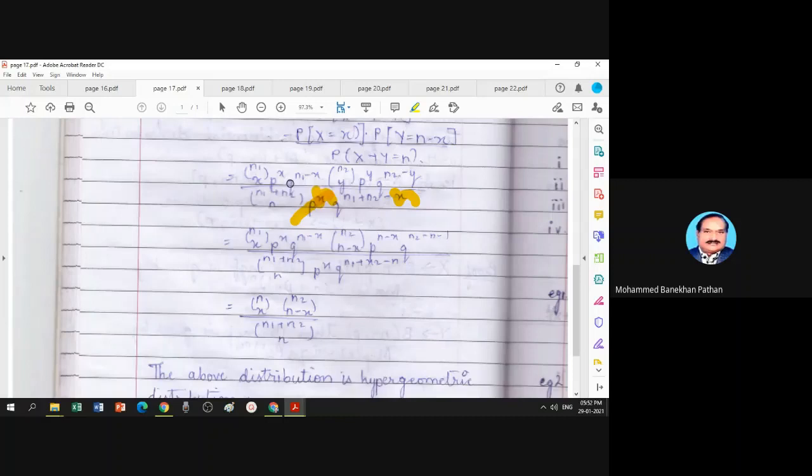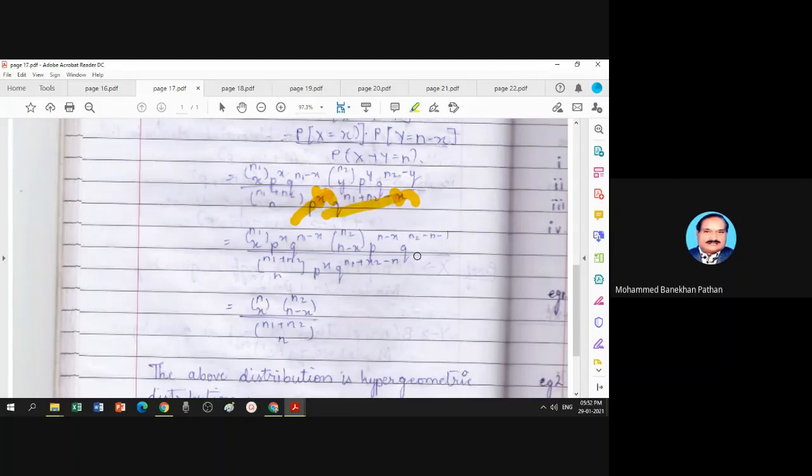What about q? q raised to n1 minus x, q raised to n2 minus small n plus x. Plus x minus x cancel. So n1 plus n2 minus n, this will be cancelled with your denominator.